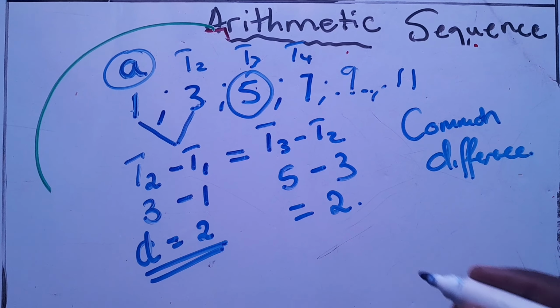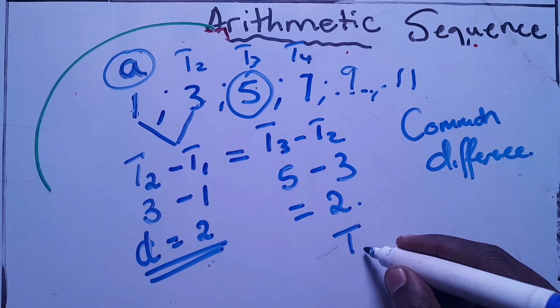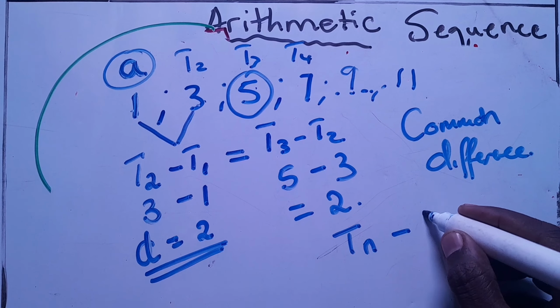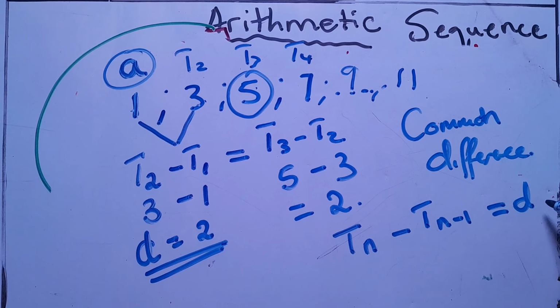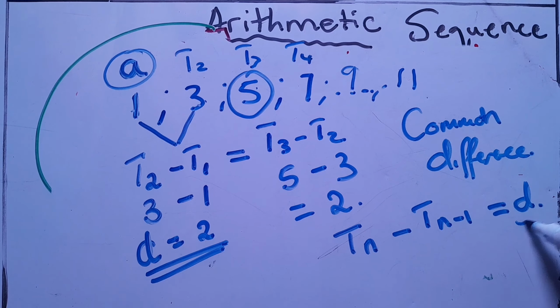So generally, I'm saying Tn minus Tn minus 1 should give us the common difference. No matter which terms we take, if we are taking consecutive terms and we subtract them, we'll get the same common difference, right? So let's move on.